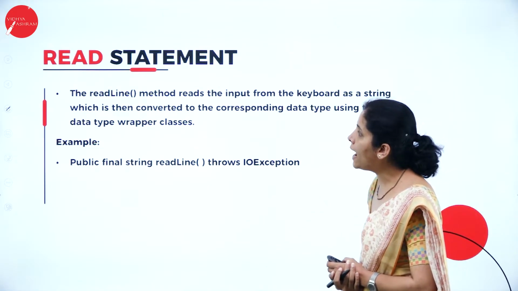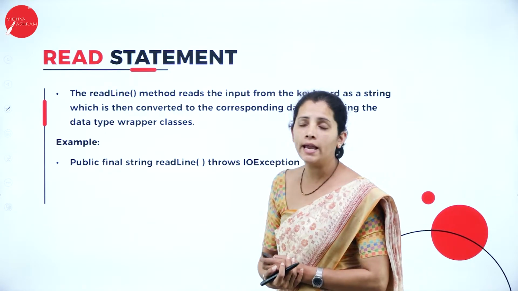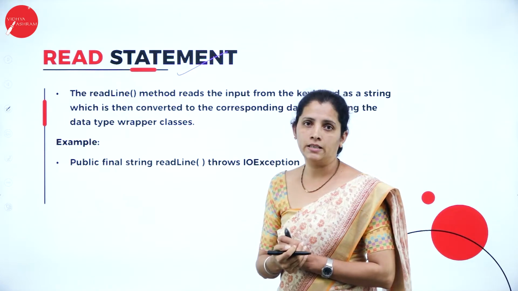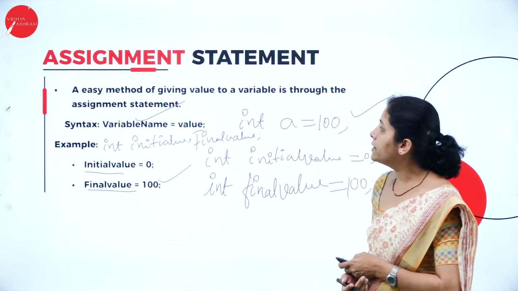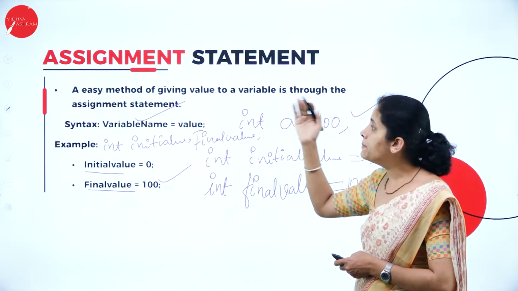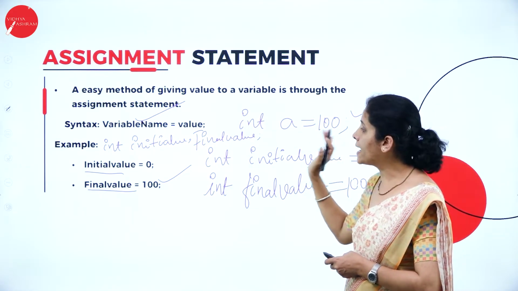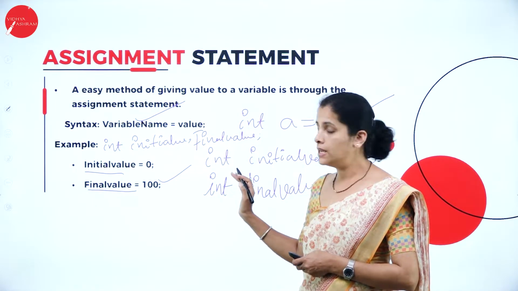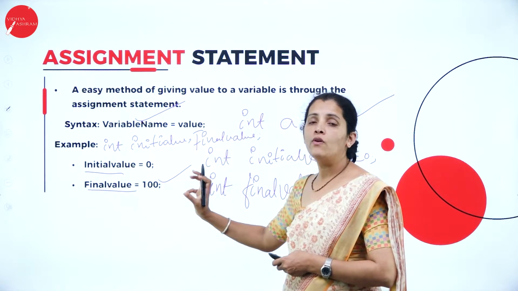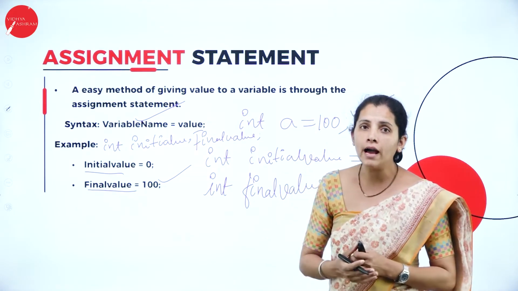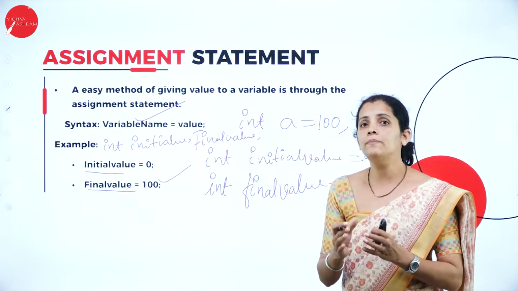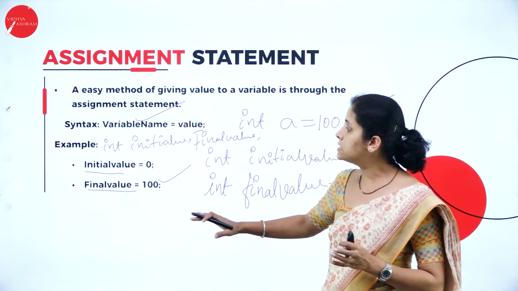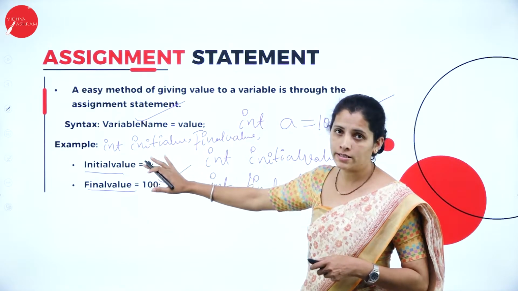Now, I am going to have another way, that is by using the read statement. So, dear student, if I go with the assignment statement, then this is the example for constant variable declaration. That means I'm going to fix the value, and whatever value I assign remains constant throughout the program. So this is the best example for constant.